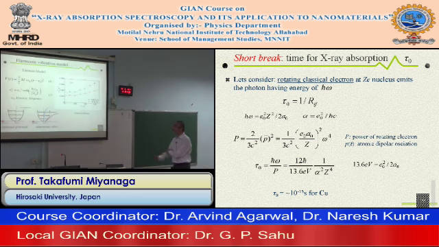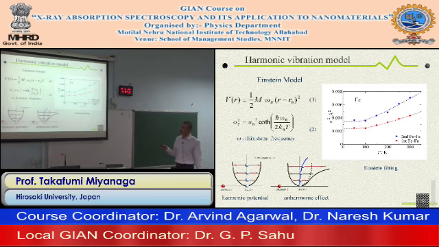Now, we go back to the temperature dependence of Debye-Waller factors. The simple model is the Einstein model or the harmonic vibration model. The potential is expressed by the Einstein frequency, and the displacement from the central stable distance is 0.